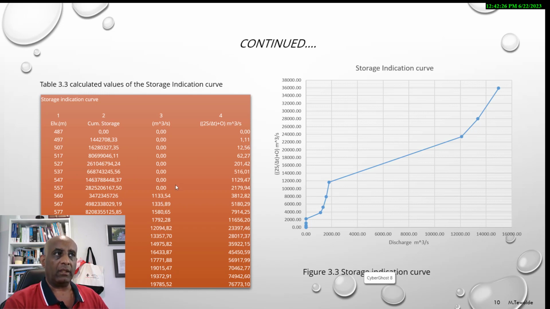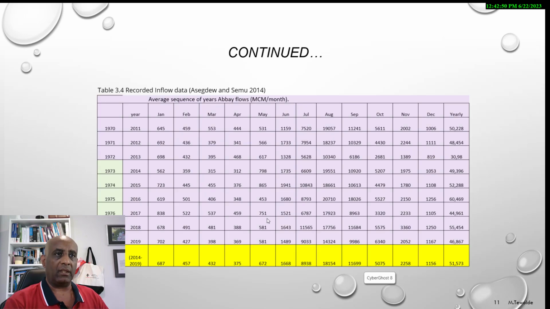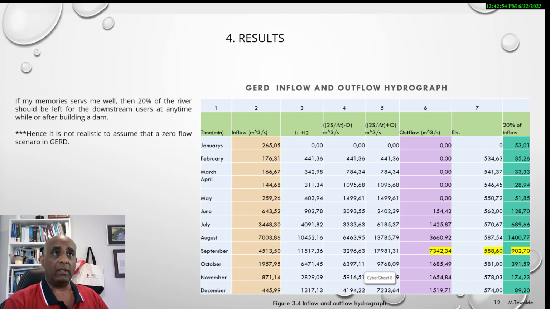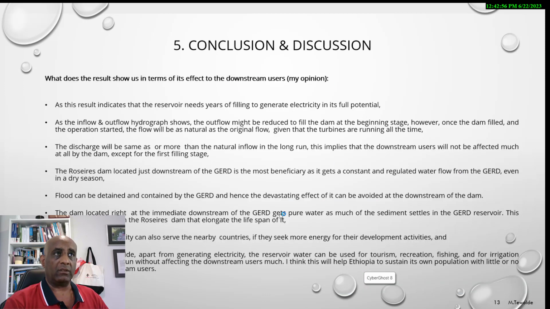But the HEC-HMS calculates using the elevation versus cumulative, or the elevation versus outflow, I think. And it calculates a bit differently. But I did also the same. That's all.